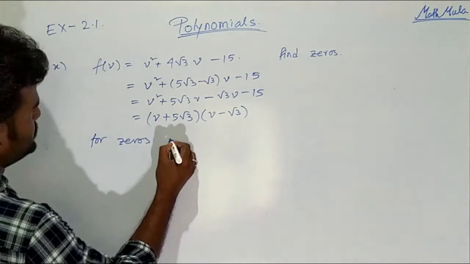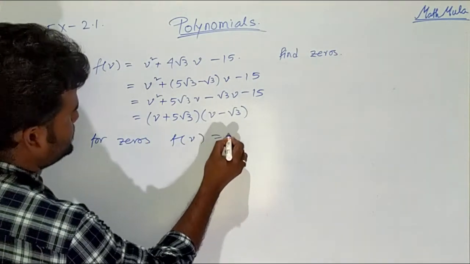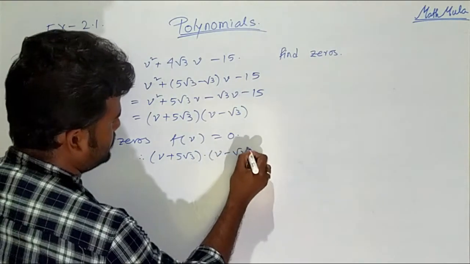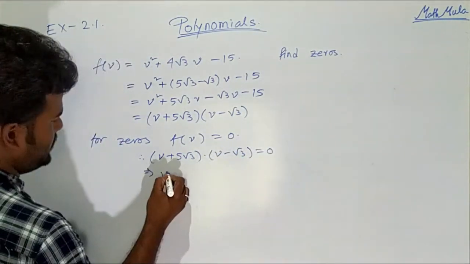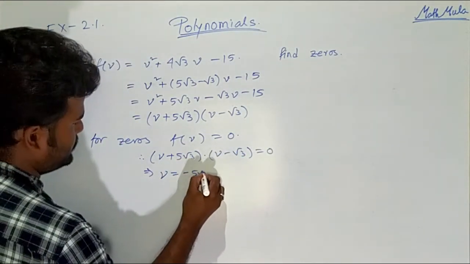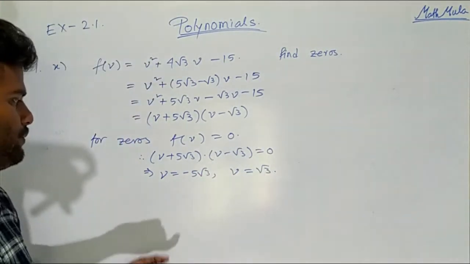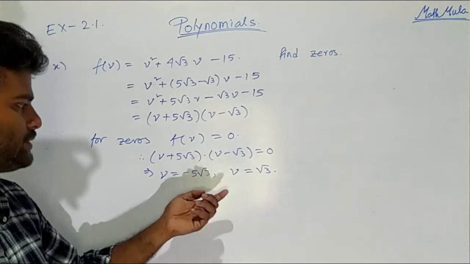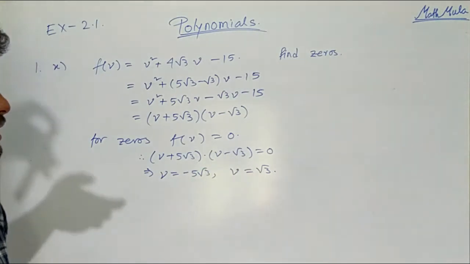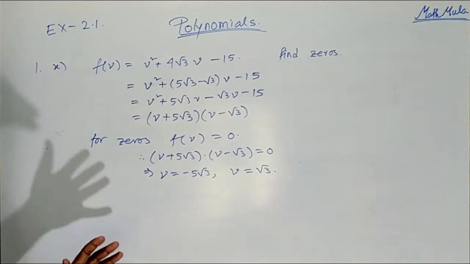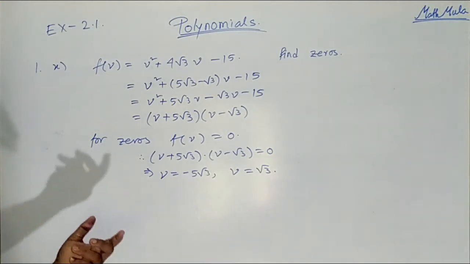For zeros, f of v will be 0. That means the product is equal to 0. That implies v is equal to minus 5 root 3 and v is equal to root 3. Now v equals minus 5 root 3 and v equals root 3 are the two zeros of this given polynomial. Now we have to verify the relationship between the zeros and the coefficients.